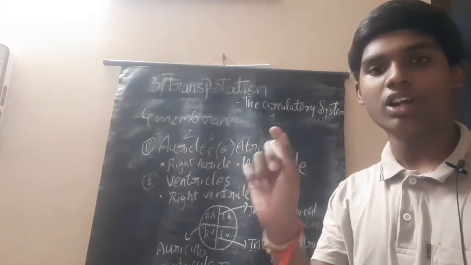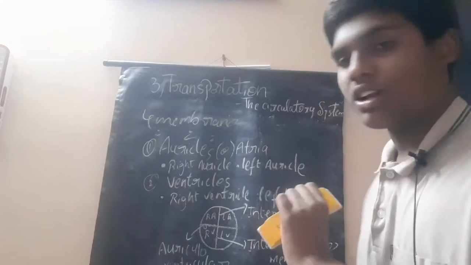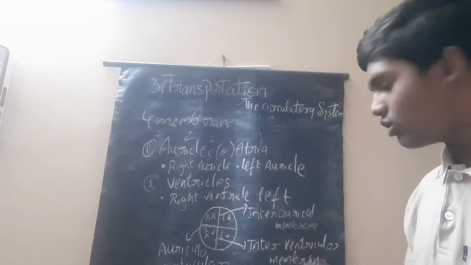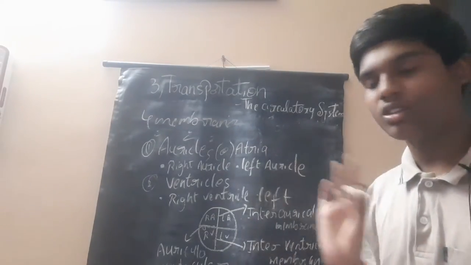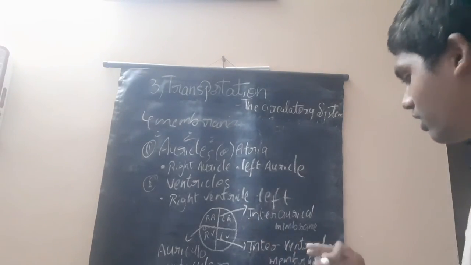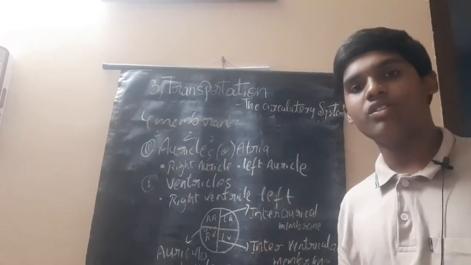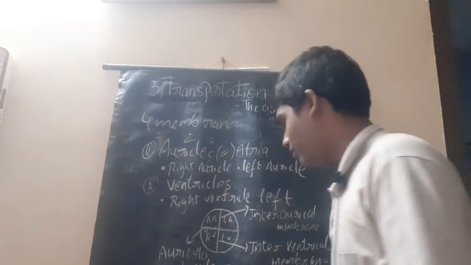Interauricular is so called because it divides only the auricles. Interventricular divides only the ventricles. Auriculoventricular divides auricles and ventricles. The names are also very easy.